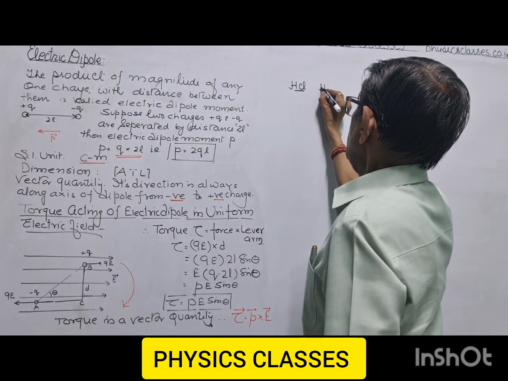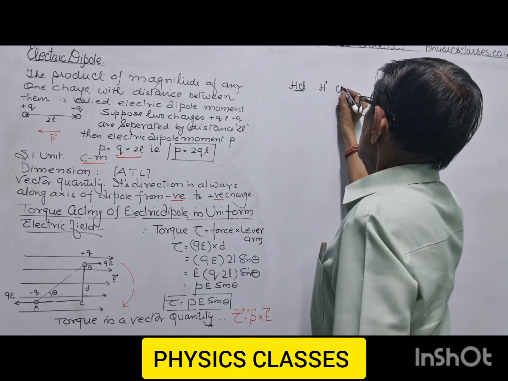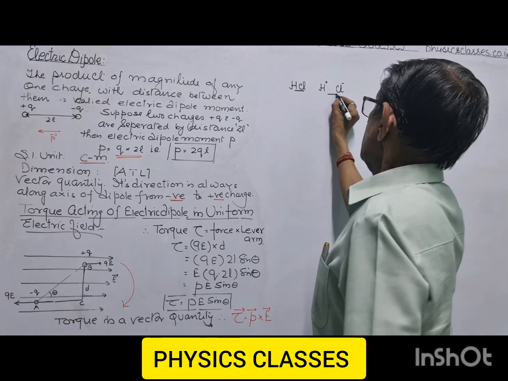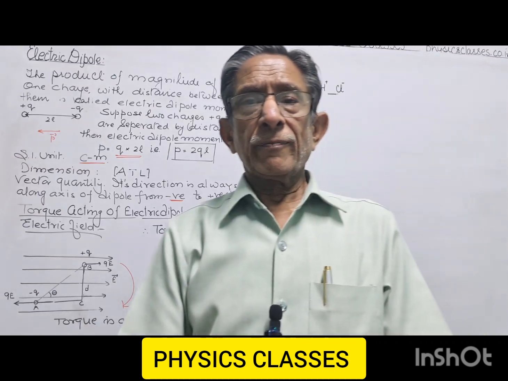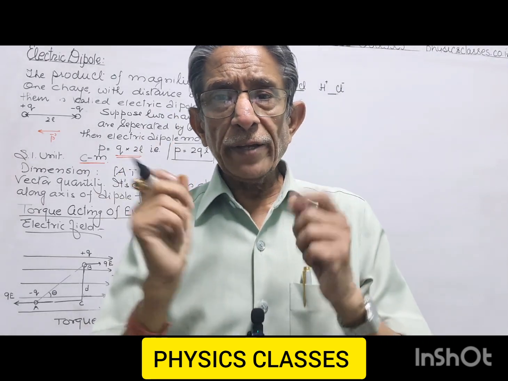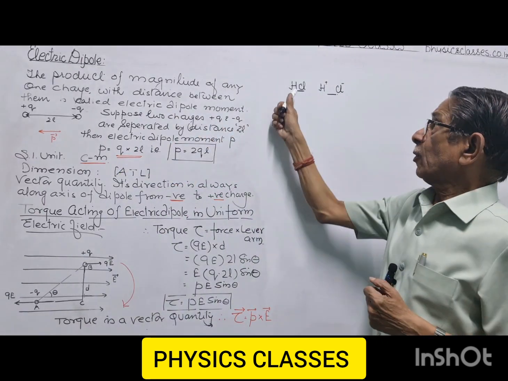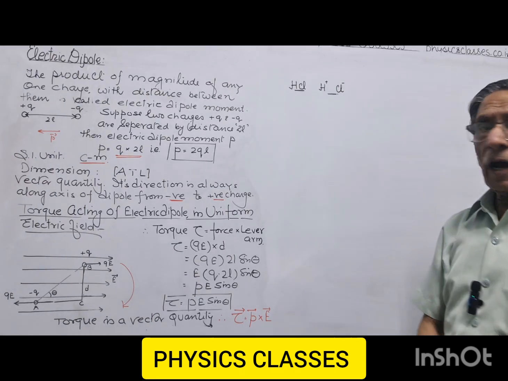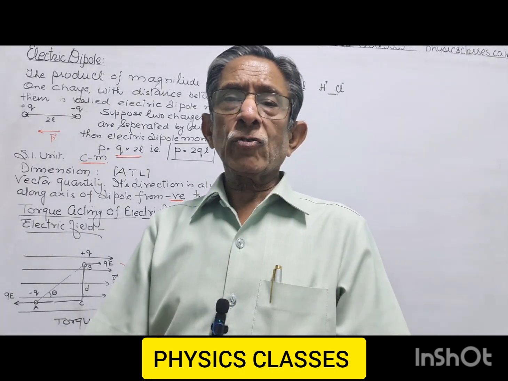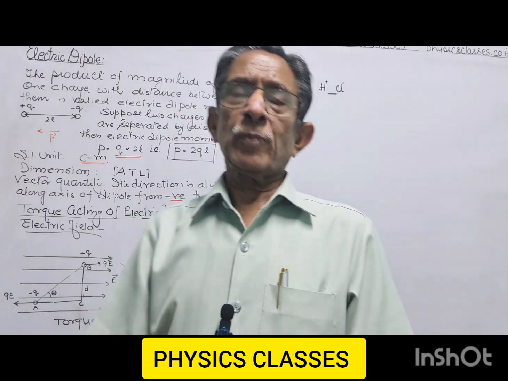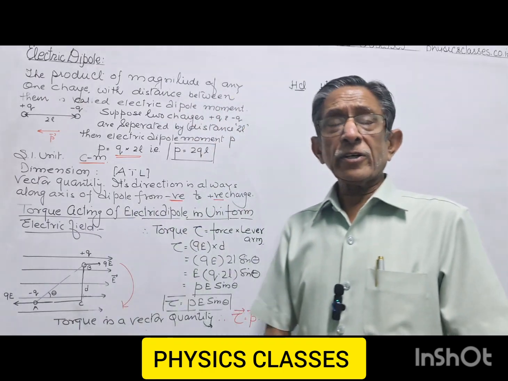H has positive charge, Cl has negative charge. So when two charges of equal magnitude but opposite in nature are separated by a distance, then the arrangement is called electric dipole. So what is an electric dipole?